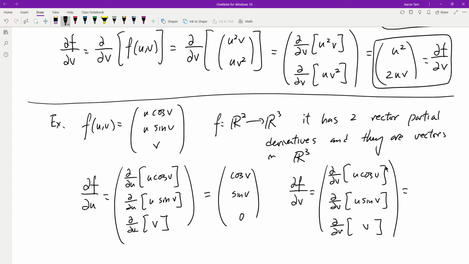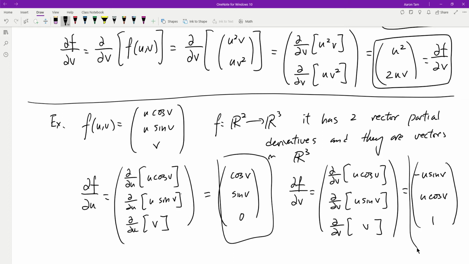So if I do that correctly, u is a constant, cosine v, the derivative is negative sine v, so it becomes negative u sine v. And this one should become u cosine v. And then the derivative of v with respect to v is just 1. So these are the two partial derivatives.